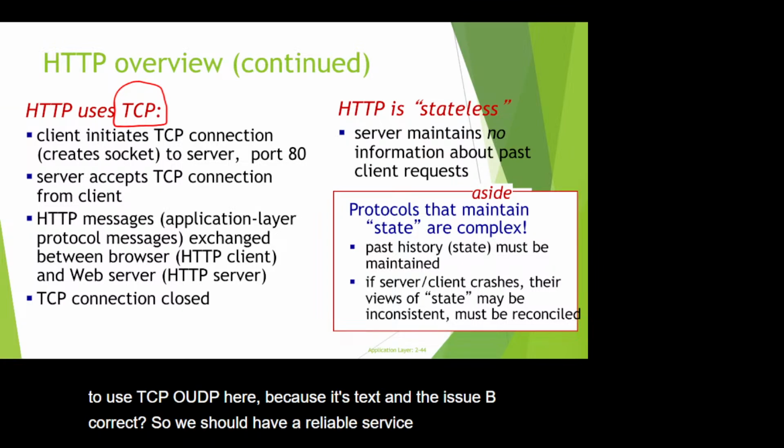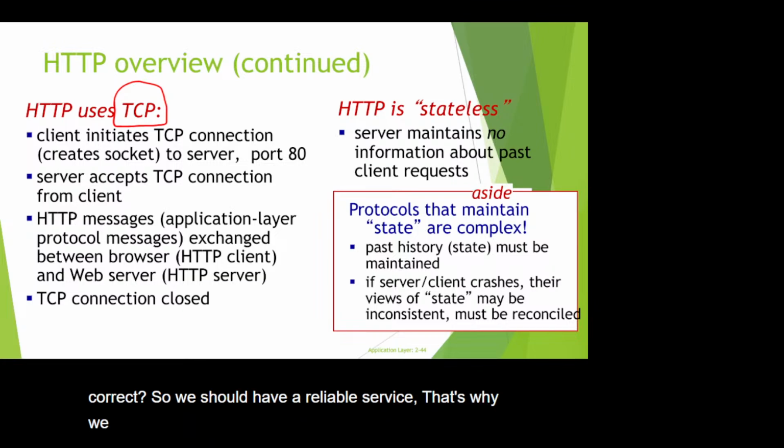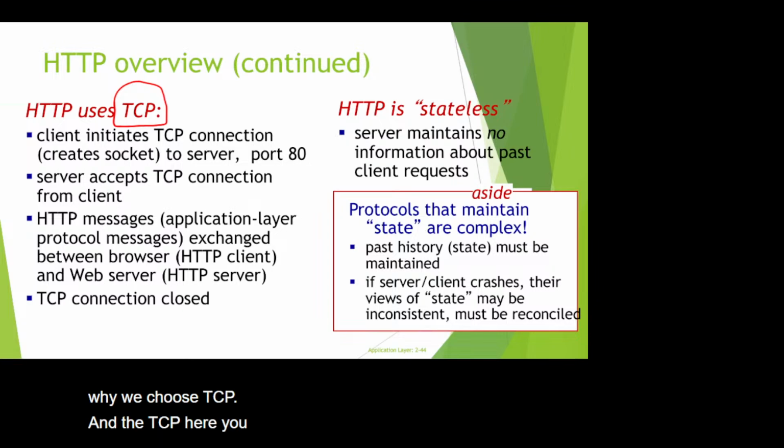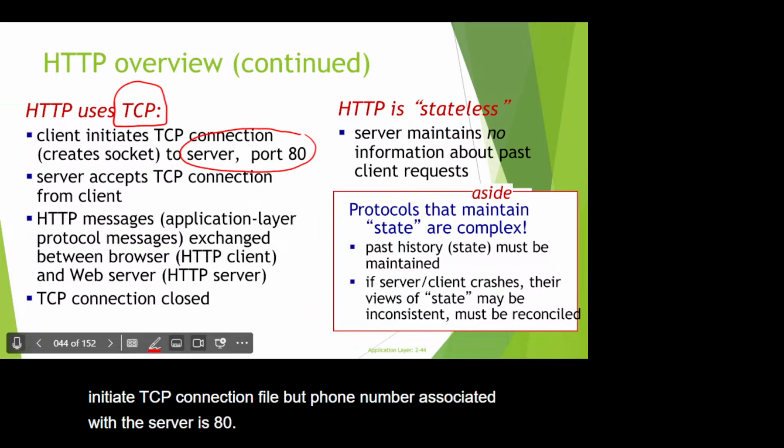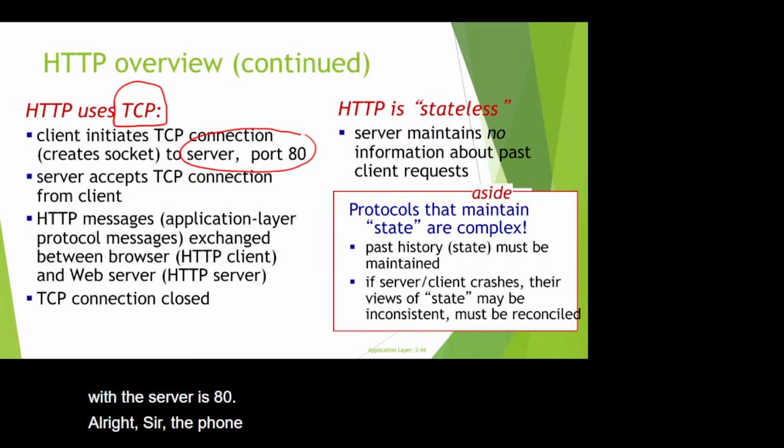That's why we choose TCP. And for the TCP here, you can read all the description: client initiates TCP connection, fine. But the port number associated with the server is 80.